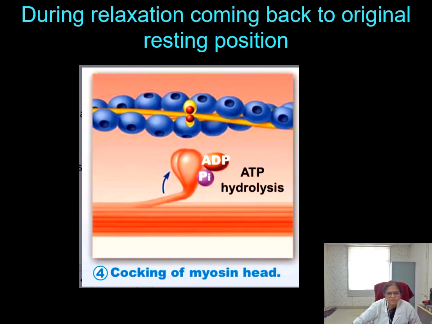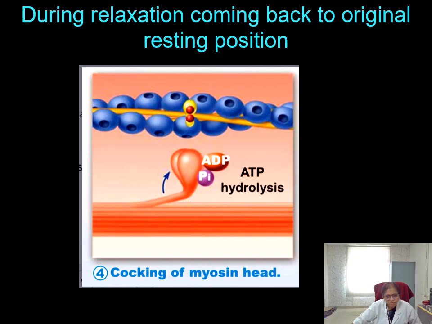So what is the first step? First, calcium detaches from troponin C. Because of this process, the ribbon will go back to the original resting condition, covering all this. Once they are covered, automatically the myosin head has to detach from there and come back to its original resting condition on the thick myosin filaments.